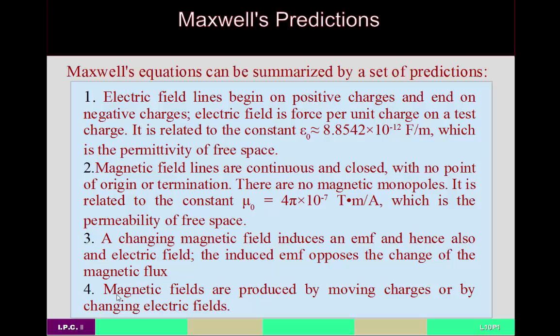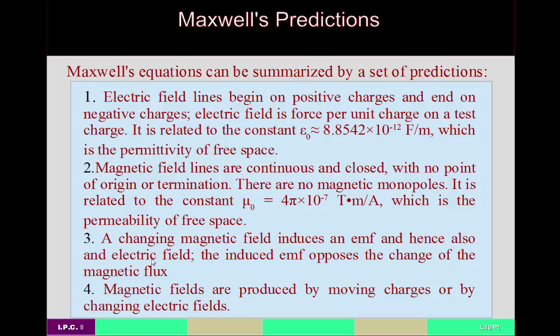So basically that means that magnetic fields can be produced by one of two things, either a moving charge or a changing electric field. And electric fields in turn are produced by charges in general or changing magnetic fields.